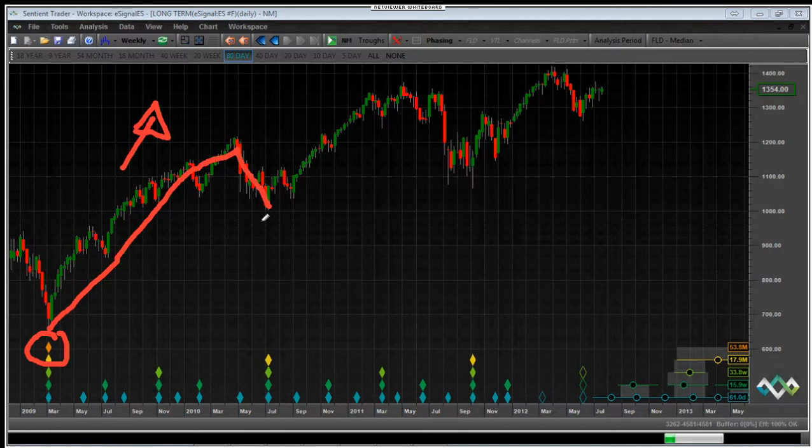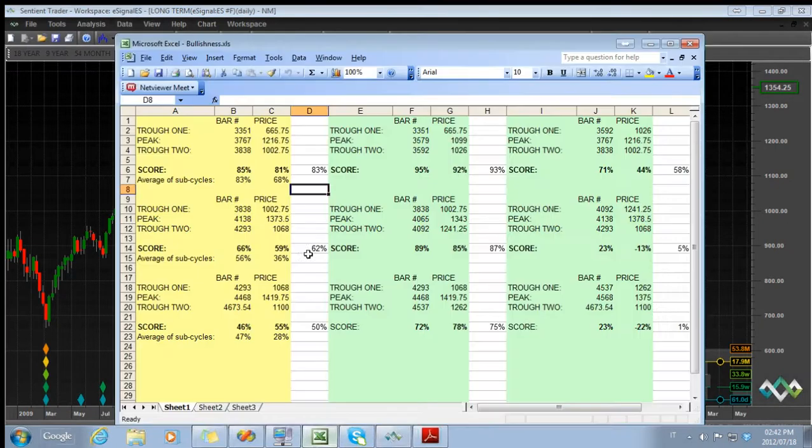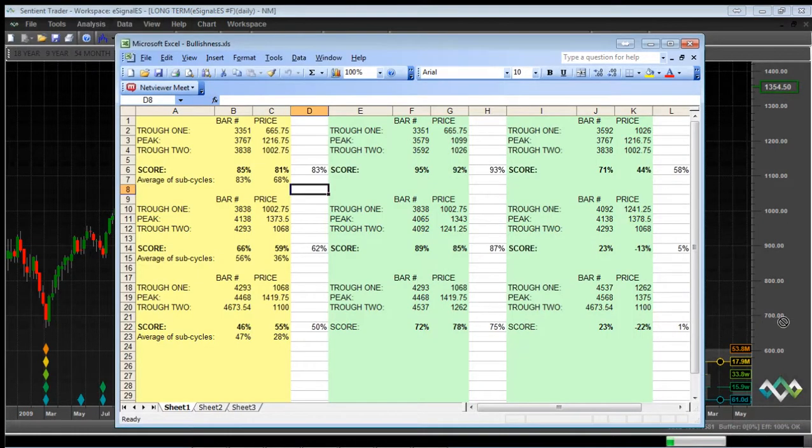With a sub-cycle, you always expect the next cycle to be less bullish. The reason for that is because the longer-term cycles have aged. And what happens when a cycle ages? It starts turning down. So, therefore, we expect the bullishness here to be less.